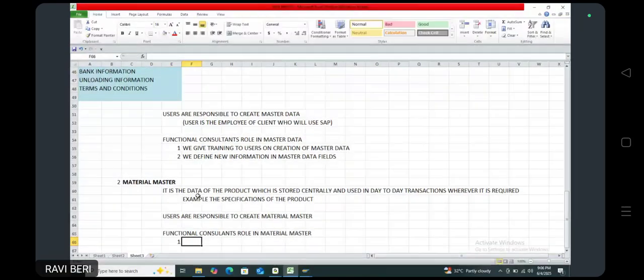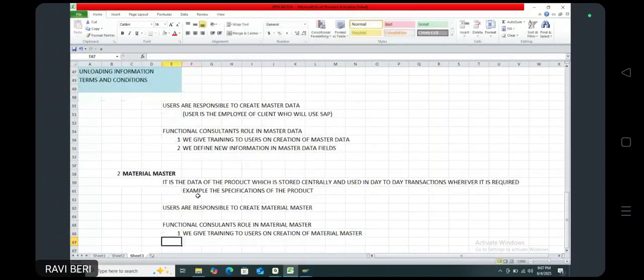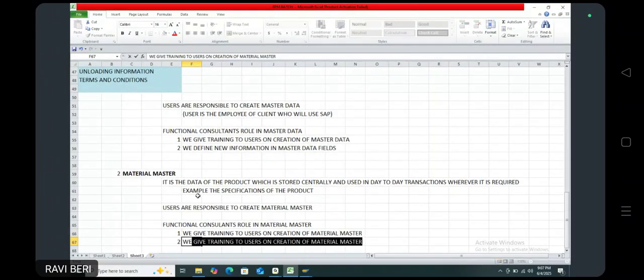We give training to users on creation of material master. Then we define new information in material master fields.